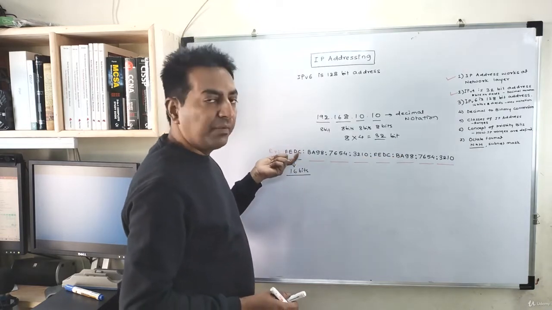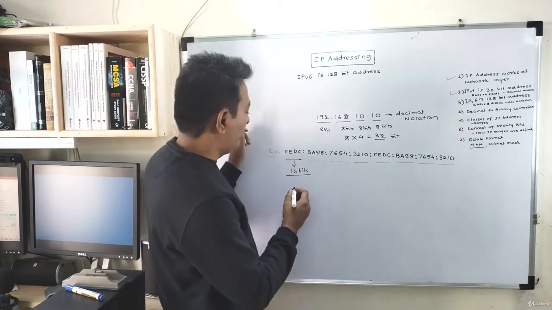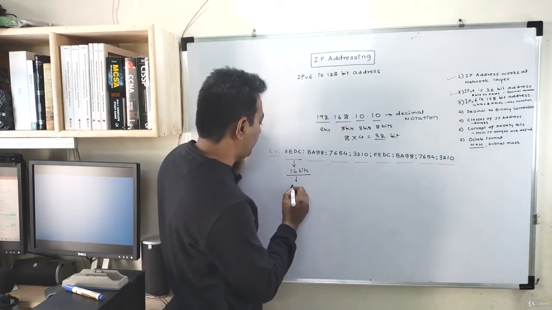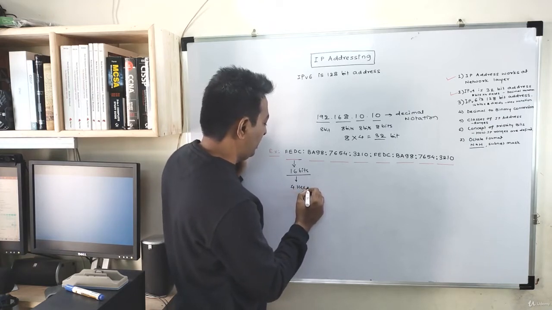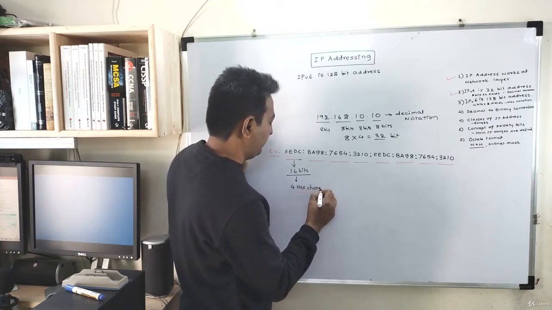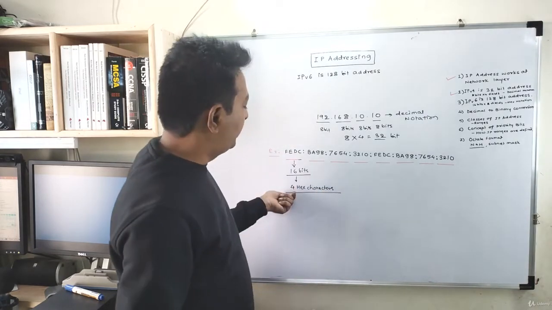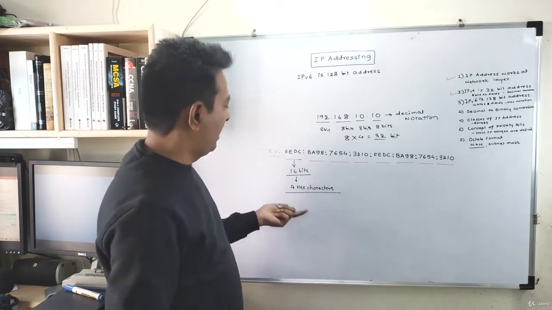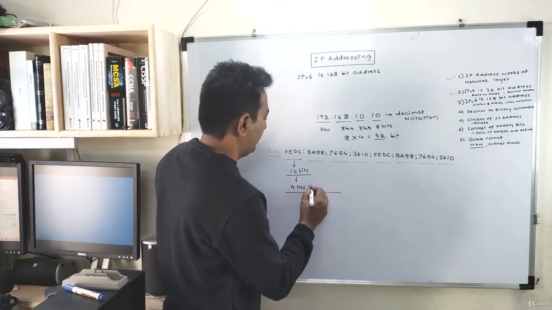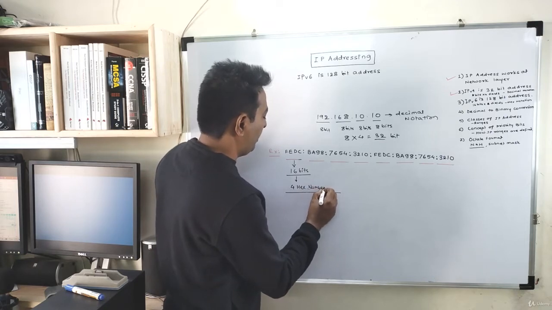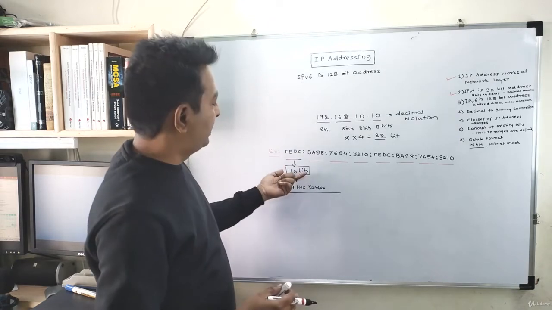So in case of IPv6, it's a 16-bit field represented using 4 hex characters, so 4 hexadecimal numbers, but when you look at the size of that particular field, it is 16 bits.